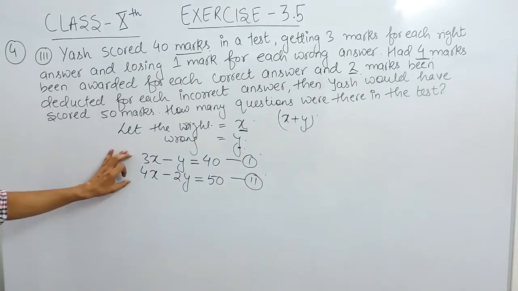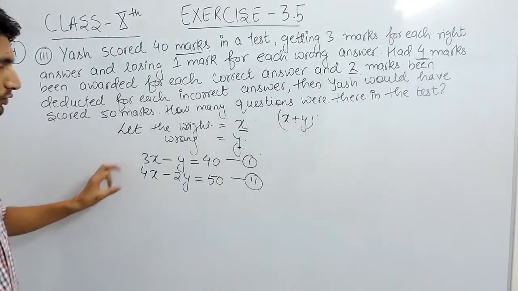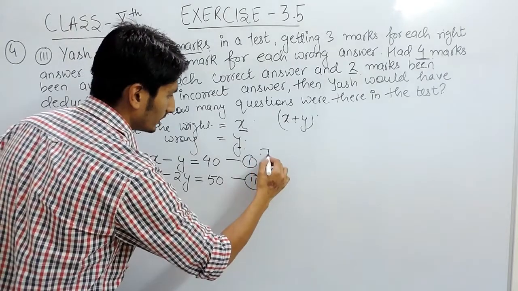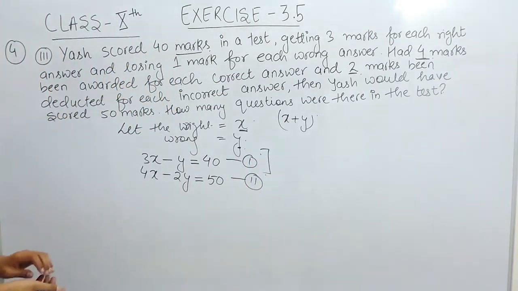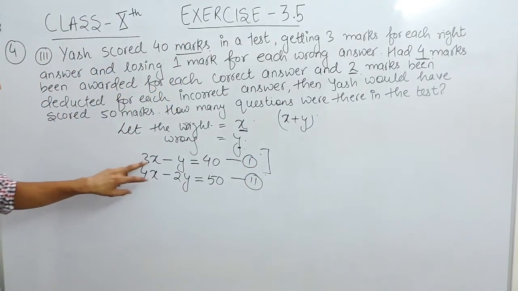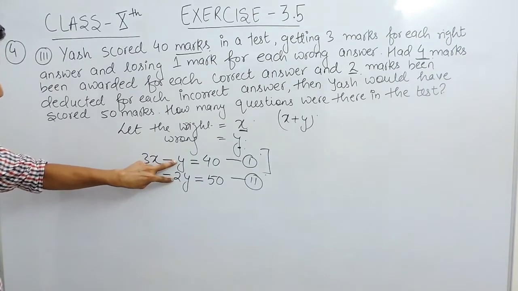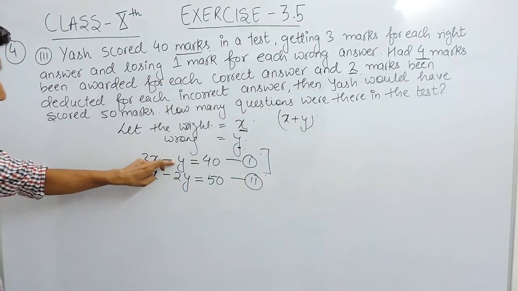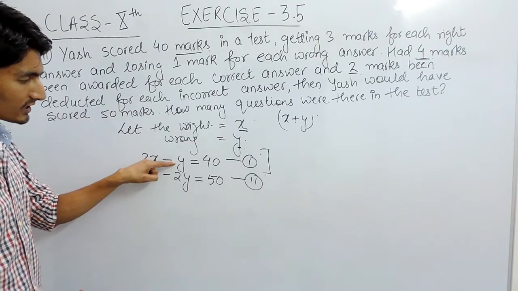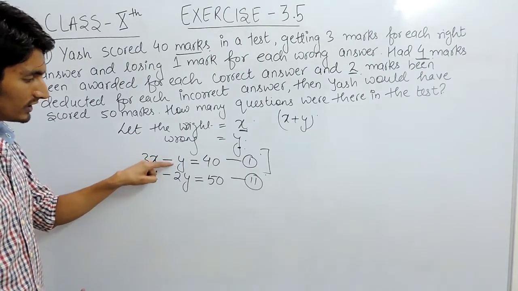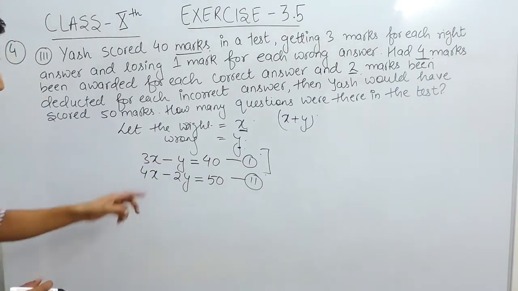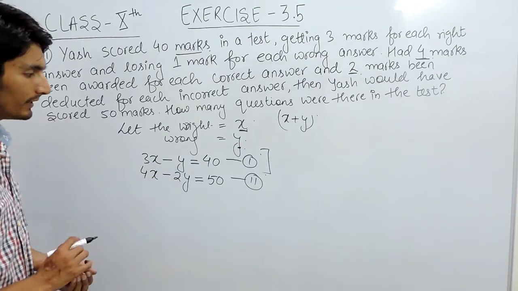Now you have to solve this, and the best way to solve these equations is by equating the coefficients. And in this case we can equate the coefficient of y, and if we are able to make the coefficient of y in the first equation as 2, then the coefficients of these two variables will be equal.